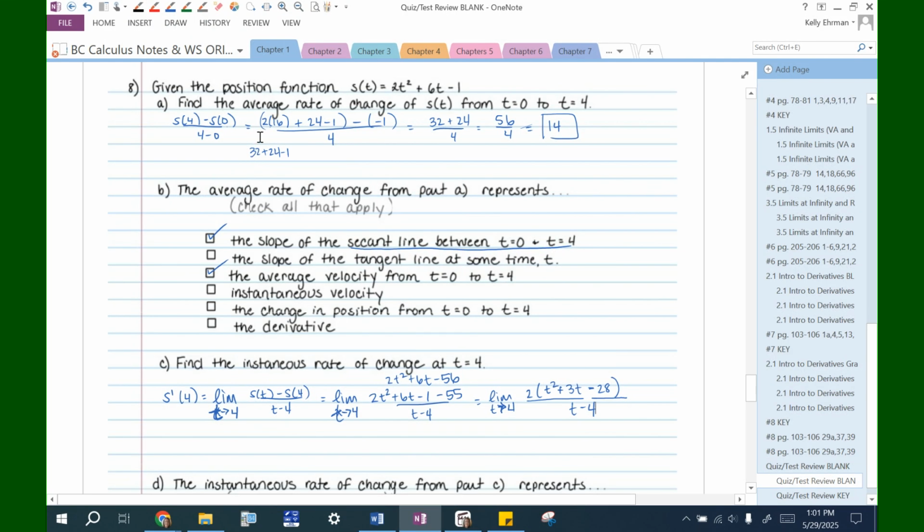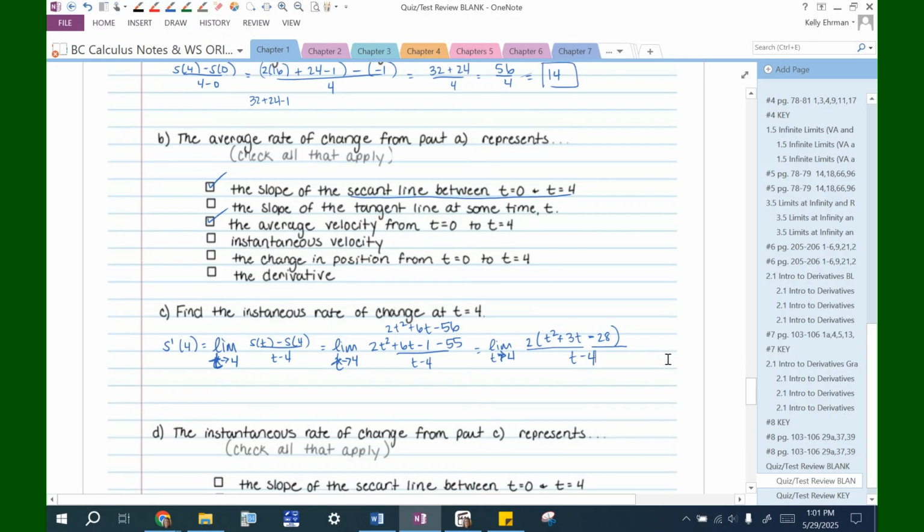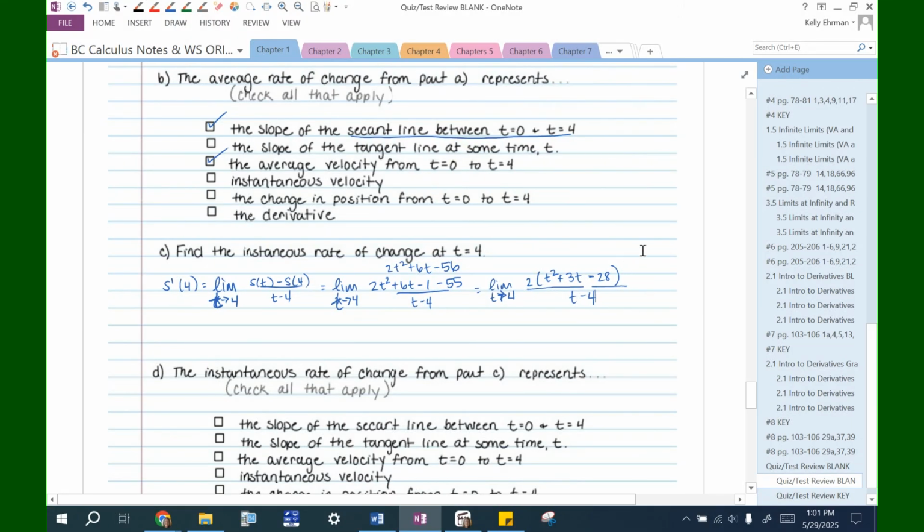So 56 minus 1 is 55. Okay, 7 and 4. I thought I screwed up because it didn't factor, but it does. I'm blaming this. Notice the date. This is our last-ish week of school. I'm blaming it on that.